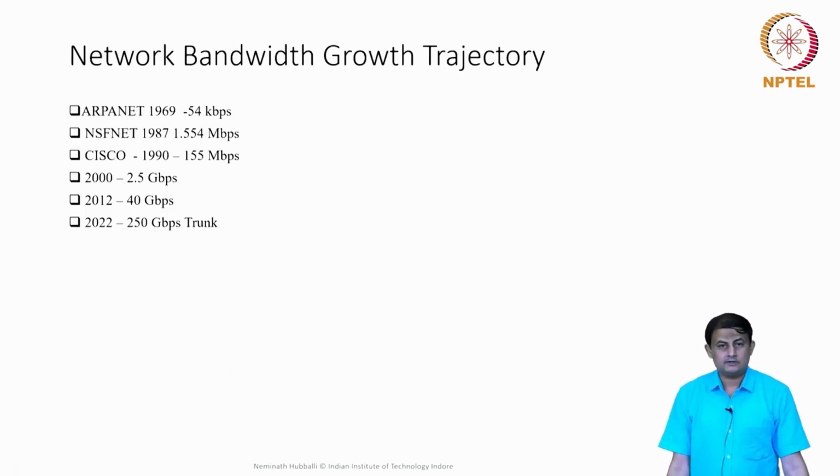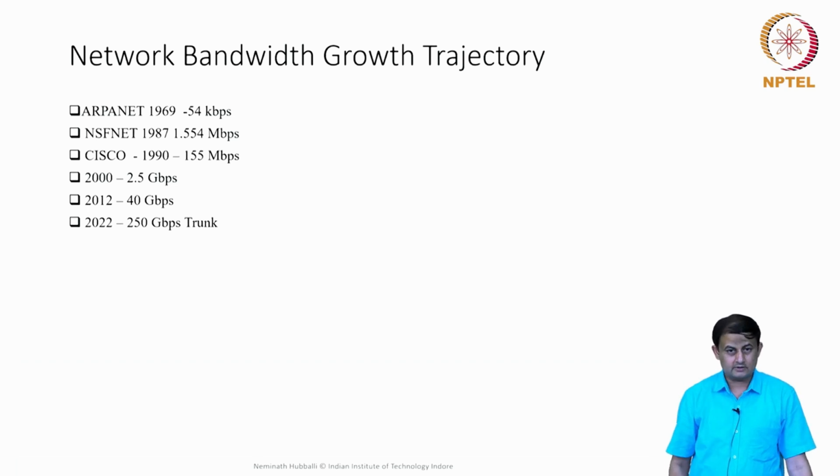Just to put things in context, here is the network bandwidth trajectory. When computer networks came into existence way back with ARPANET, people were talking about kbps, and the first network was operating at around 54 kbps. Back then it was a very good bandwidth. Then in 1987 people started talking about 1.5 Mbps, and Cisco in 1990 said that they had technology to transmit 155 Mbps in the backbone.